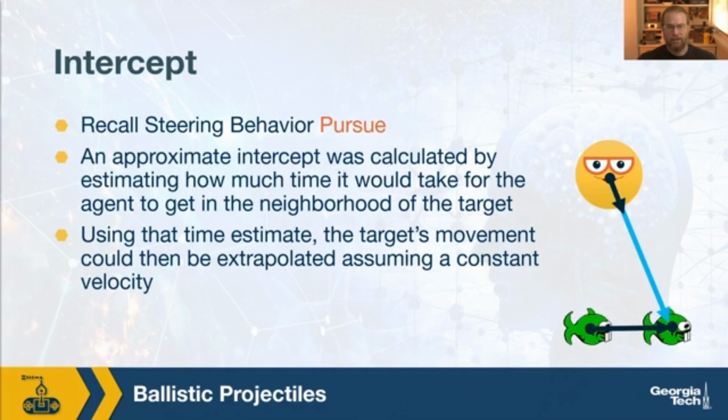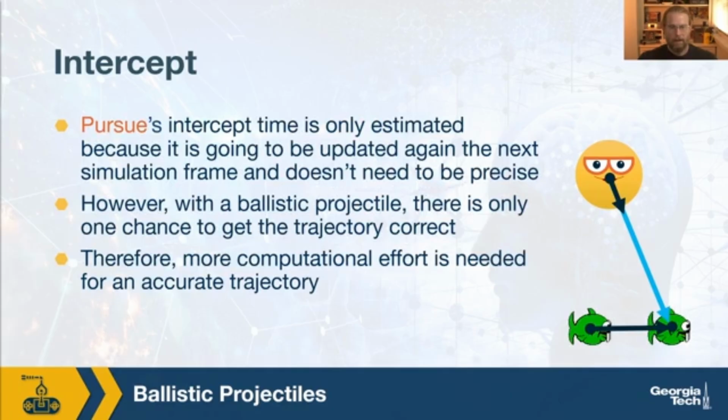The agent that's chasing or pursuing can then just seek to that future position. We're only using an estimate again because we don't need it to be precise. We're focused more on it being efficient and generally getting us closer and converging on the correct solution.